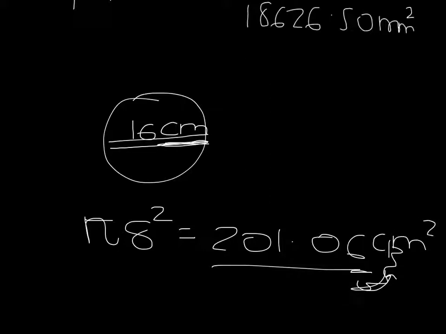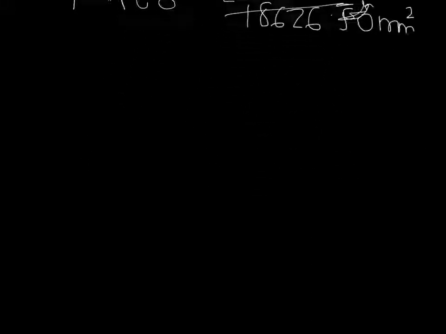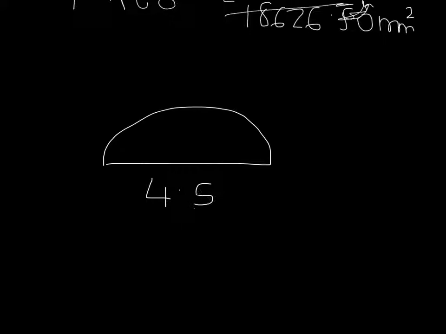Okay? Now, obviously, things are going to get more complicated. So, look at this one. I give you a shape like that, and I say 4.5 meters. So, you know, this is the diameter of the circle. The circle's been chopped in half, and it's 4.5 meters, right?